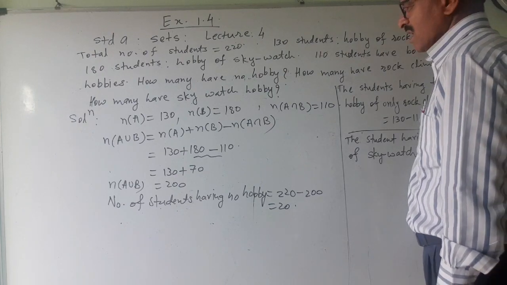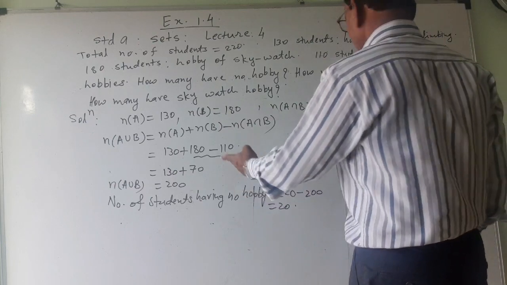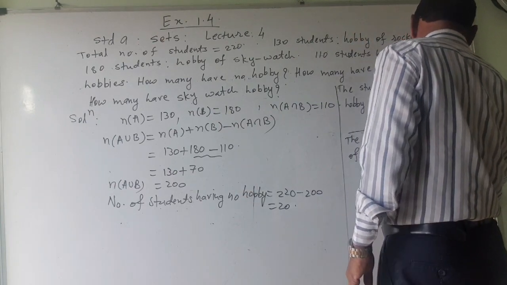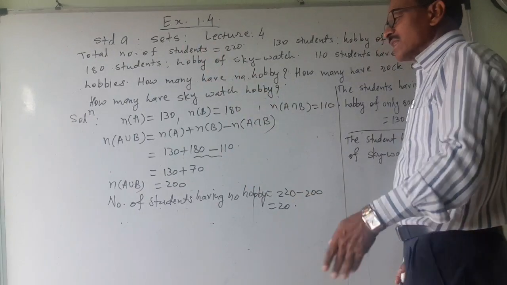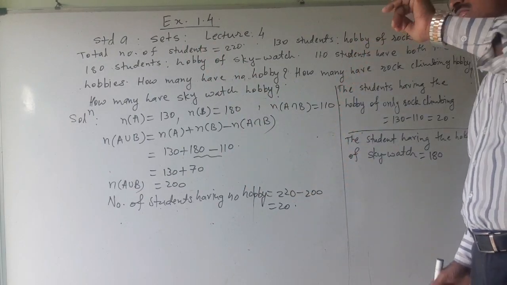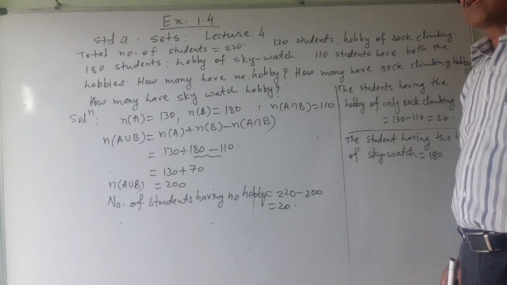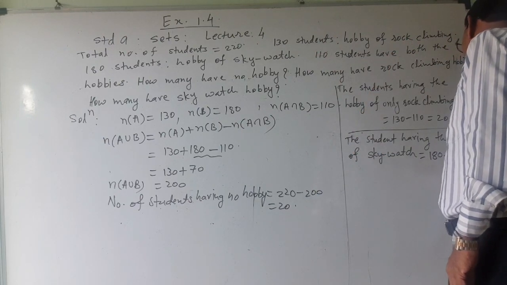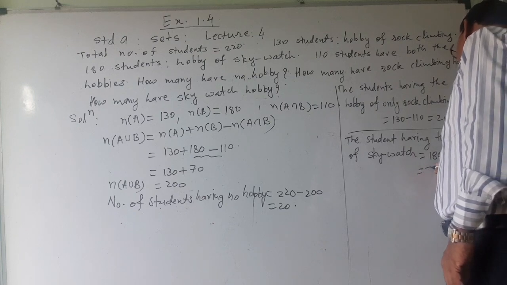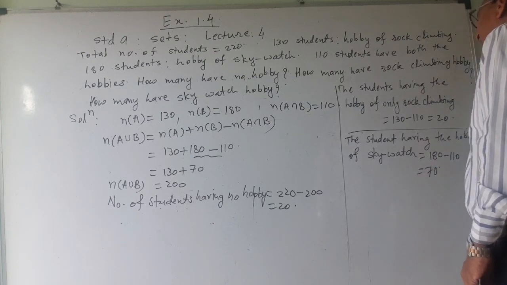That is I think 180. In that they are not only watching the sky. They have this other hobby also, means rock climbing also. So minus this common 110 and that is equal to 70.